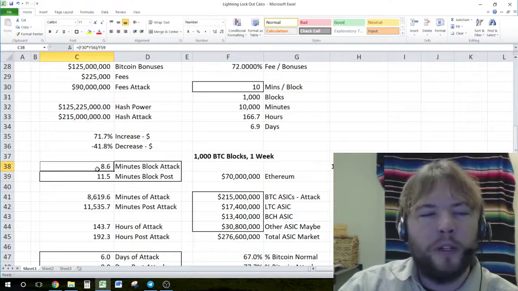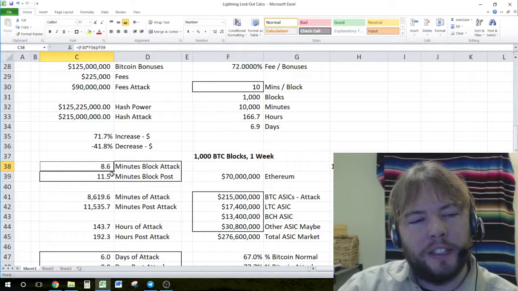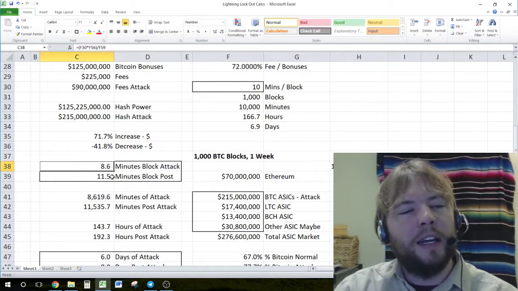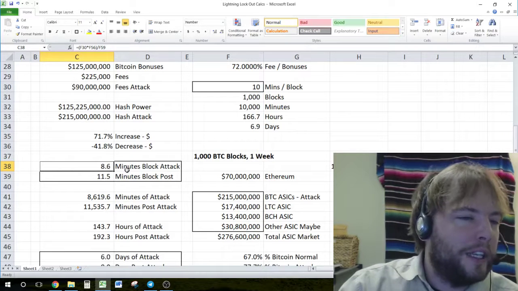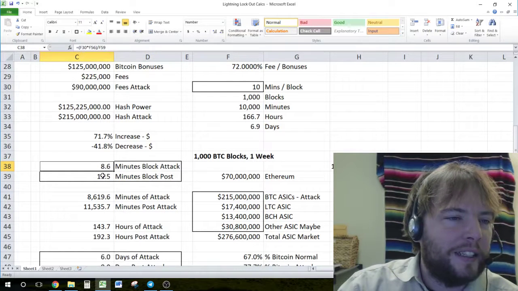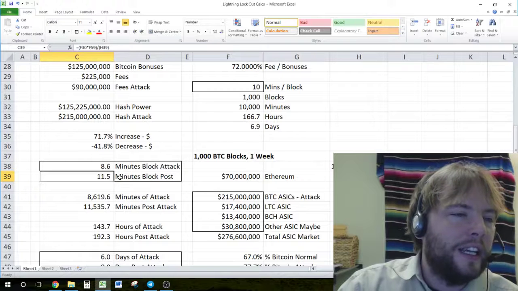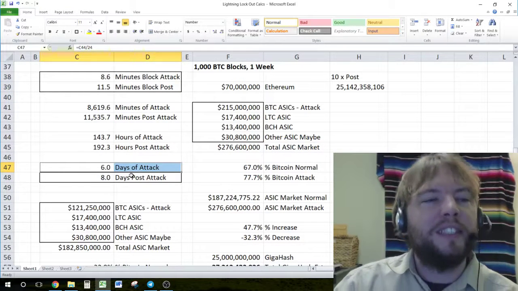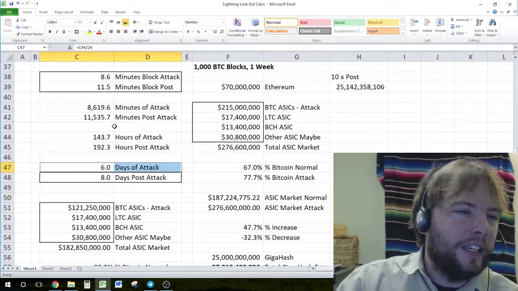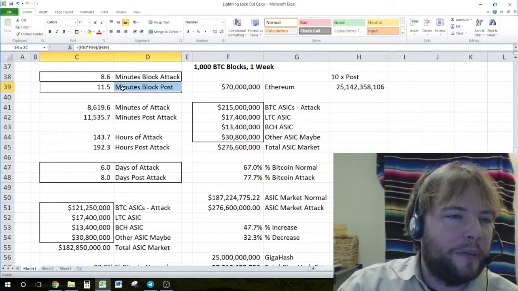So as you have more gigahash output, and since it's reset every 2 weeks, then the block times will actually speed up while the attack is occurring, which will make the attack happen over the course of 6 days rather than the 7 days that people might be expecting.